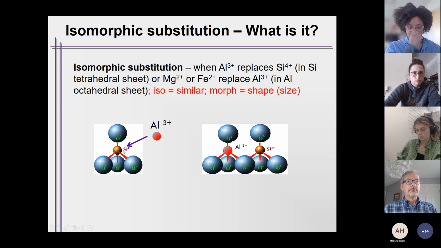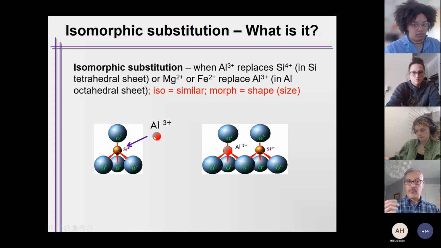I'm sorry, the aluminum octahedron. So in this case, we're talking about a substitution of aluminum for silicon in the aluminum octahedron. And these ions are basically the same size, right?